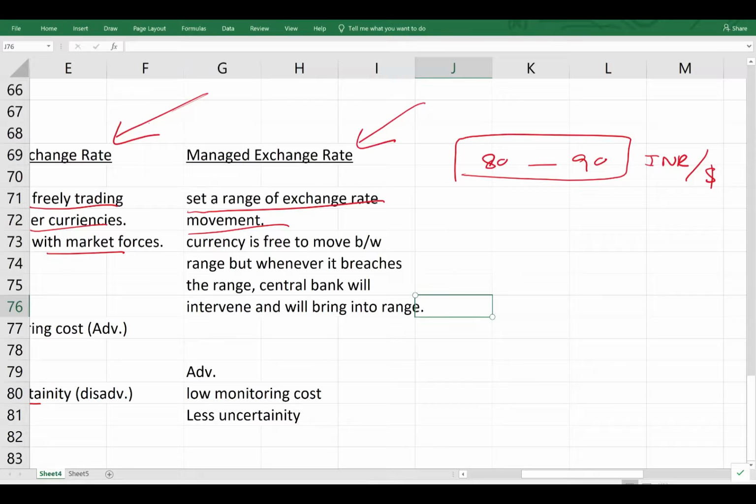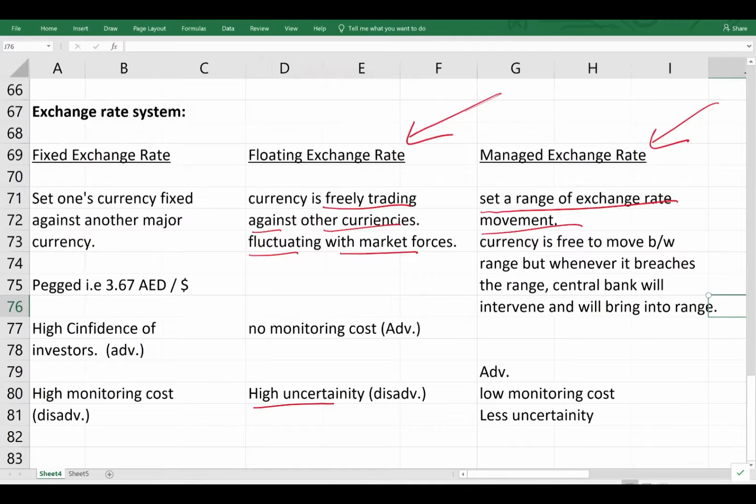That is the exchange rate system that most of the economies in this world follow because it's cheaper. It's not like the fixed one, which is very difficult to manage. Any question? It has a low monitoring cost, and of course, you have less uncertainty as compared to the floating exchange rate. We also call this a dirty float.